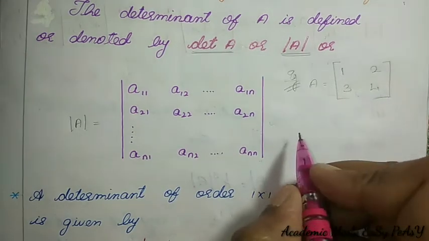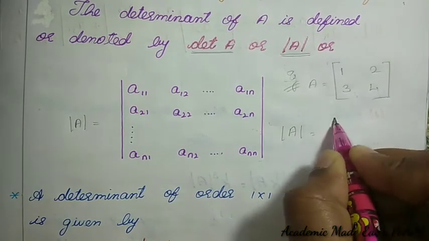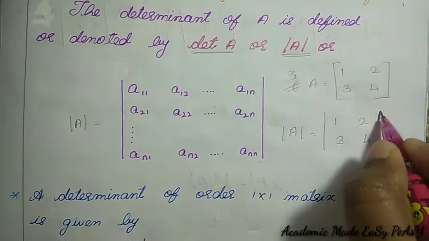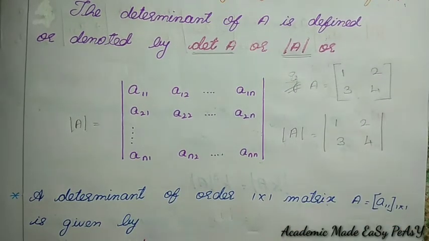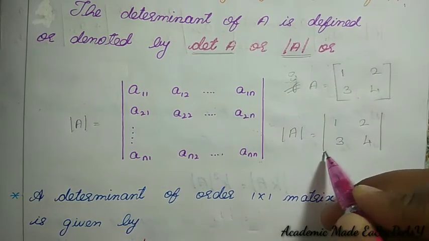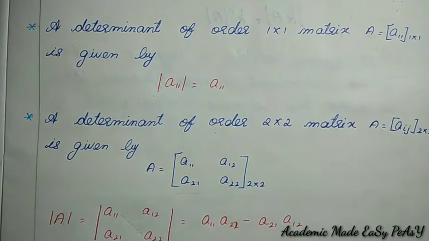Now I'm writing this as it is, enclosed with a pipe symbol, with 1, 2, 3, 4 between 2 lines. This is not a matrix, this is a determinant. If I have it like this, then I can perform some operations. Now I'm going to teach you how to find that solution.